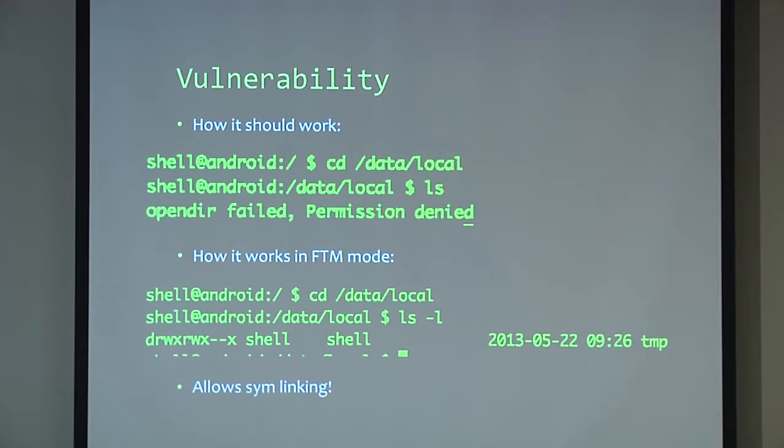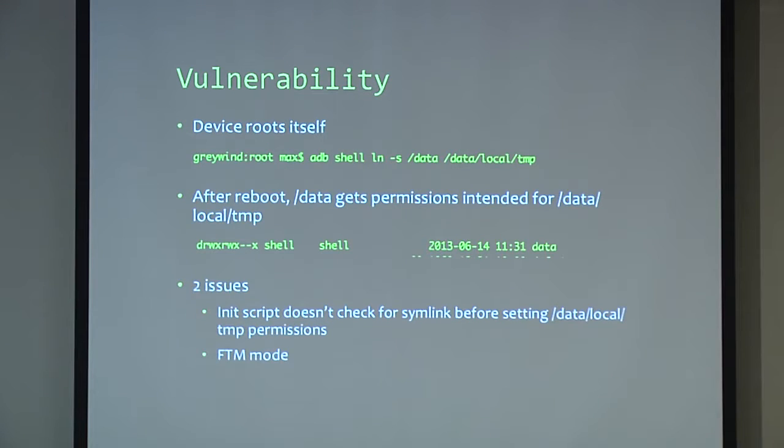Because of that, if you can list out /data/local and you have execute there, you can do symlinking, right? /data/local/tmp gets its permissions set at boot time. If you can symlink that to, say, /data, /data is going to get the permissions intended for /data/local/tmp.